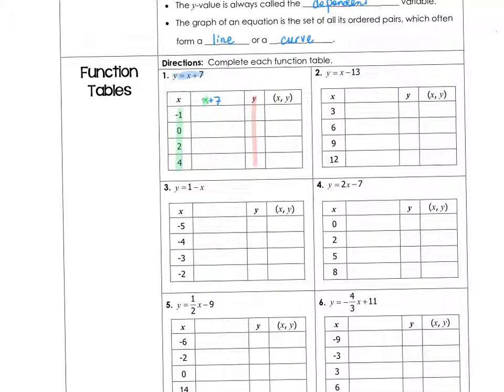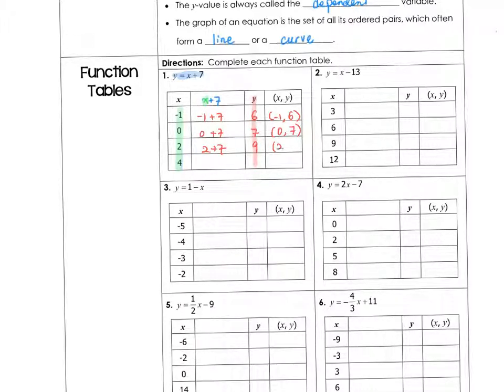Okay? So let's see. When x equals -1, you plug it in and you arrive at 6. -1 plus 7 is 6. So if I write it in my ordered pair format, it's (-1, 6). Then next, when x equals 0, 0 plus 7 is 7. So now I have (0, 7). 2 plus 7 is 9.